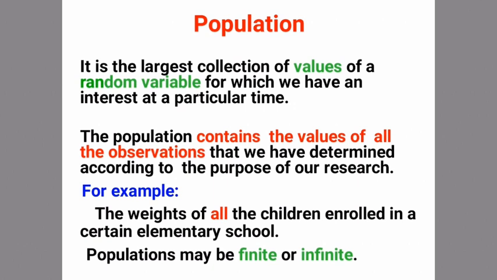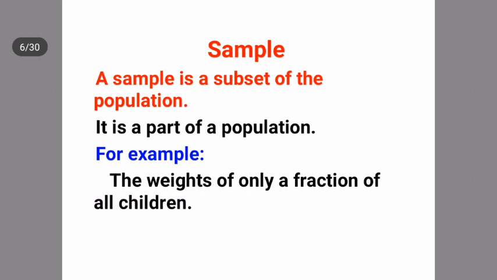We can't get the exact number of observations. Such a population, we call it the infinite population. So the population can be divided into two categories: finite population and infinite population. That is the definition of a population.